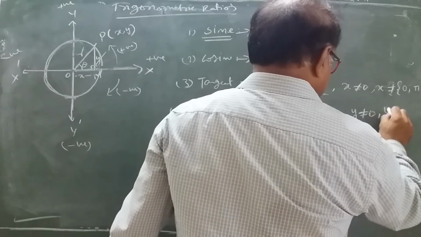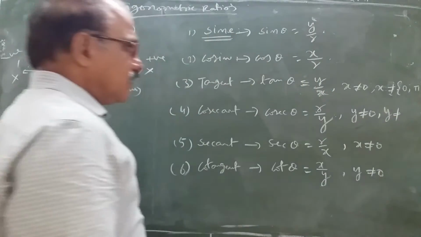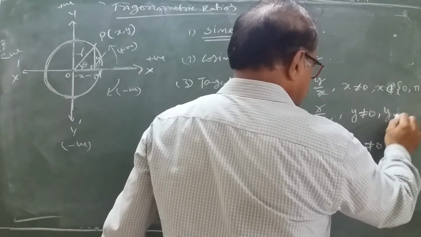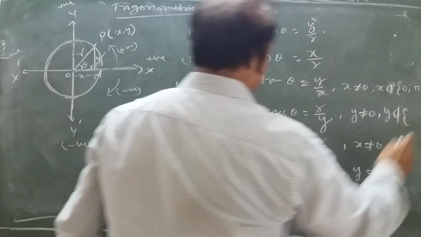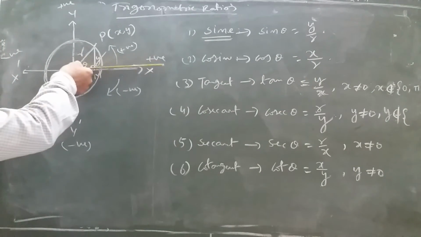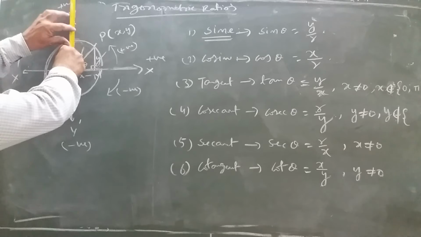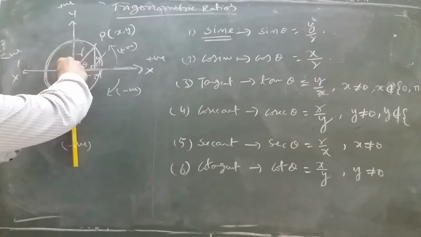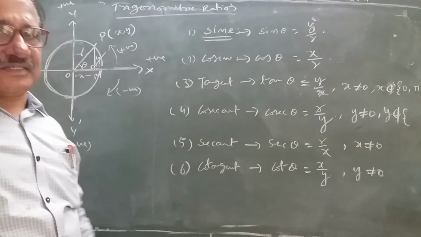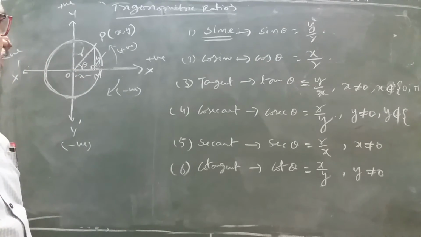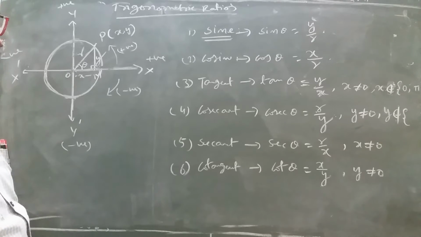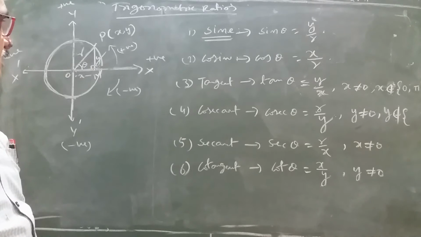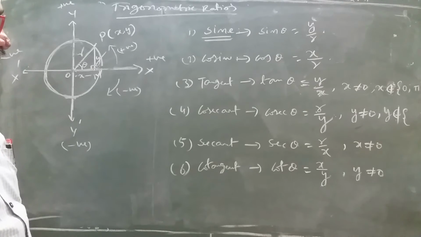If the ray coincides with the x axis, the y coordinate is 0.